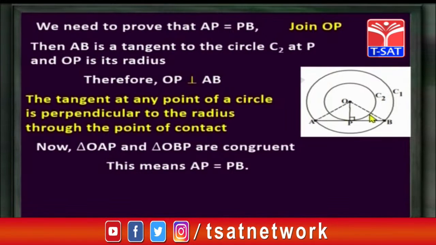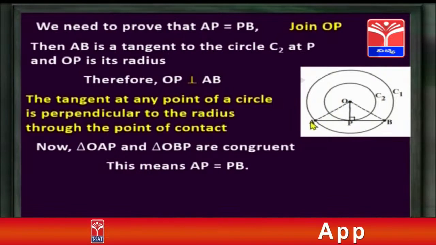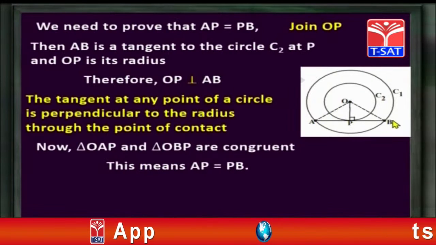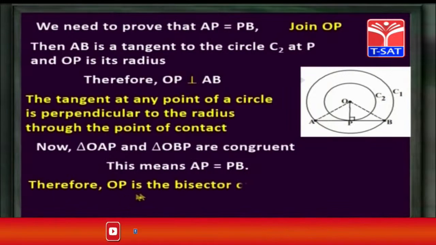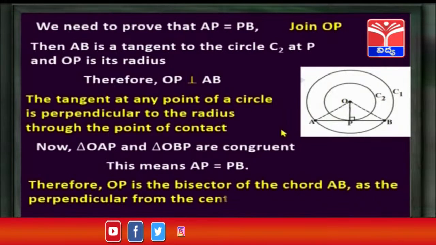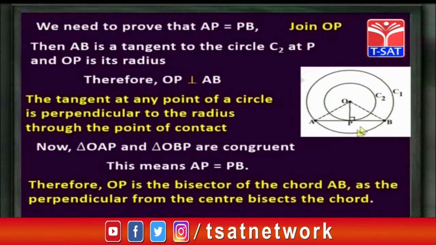So, these two triangles are congruent to each other. By CPCT we can say AP is equal to PB. Therefore, OP is the bisector of the chord AB, as the perpendicular from the center bisects the chord.